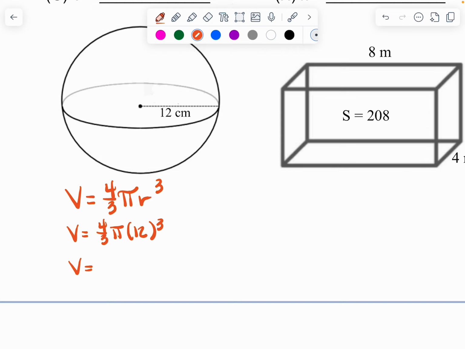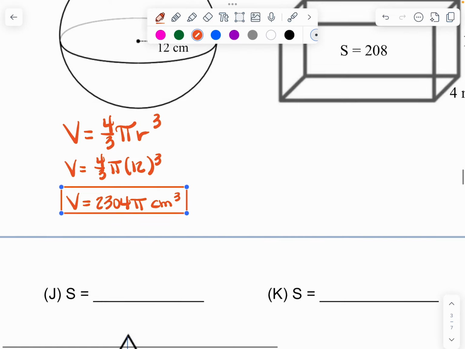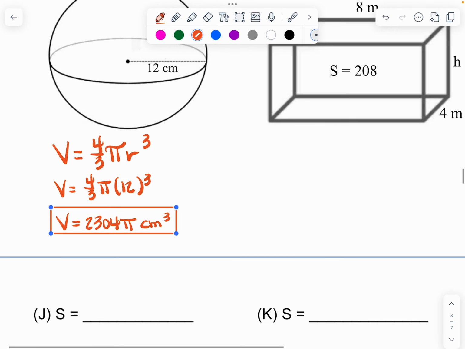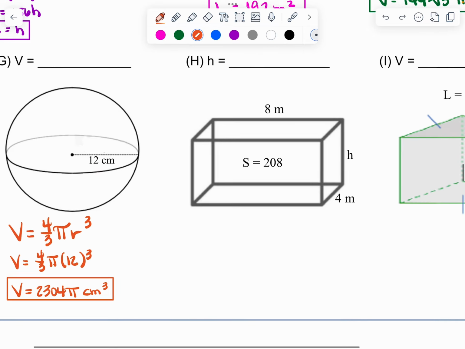And you can just type all that in your calculator minus the pi, right? So I'm totally just typing in 4/3 times 12 cubed. And I'm getting 2304 pi cubic centimeters. And voila, that is it. Love spheres.